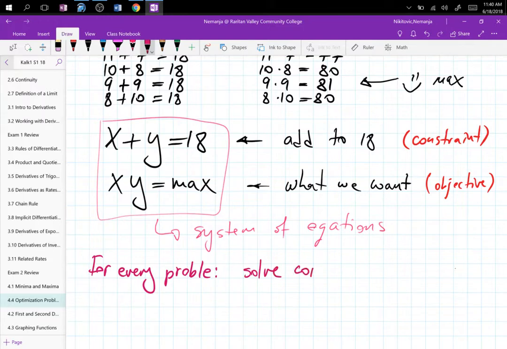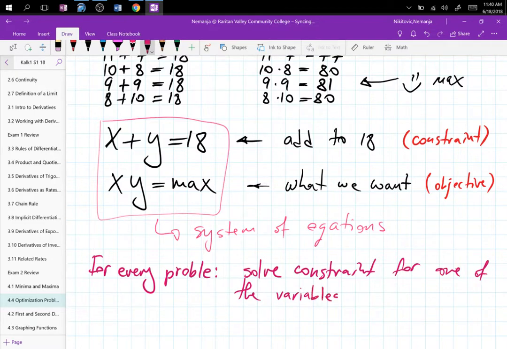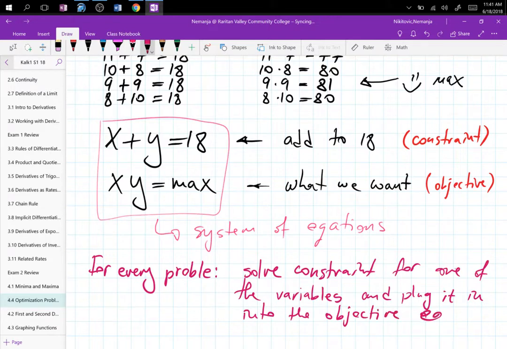Solve the constraint for one of the variables and plug it into the objective equation.